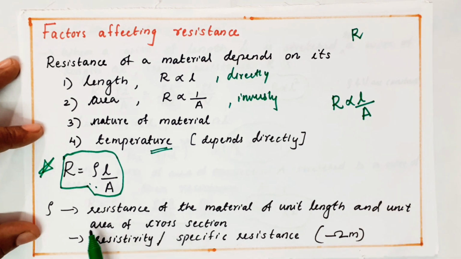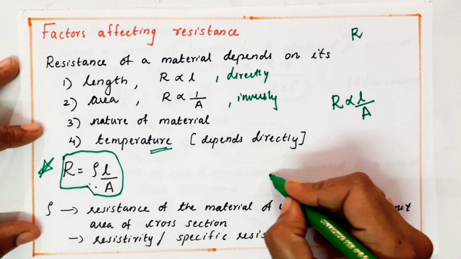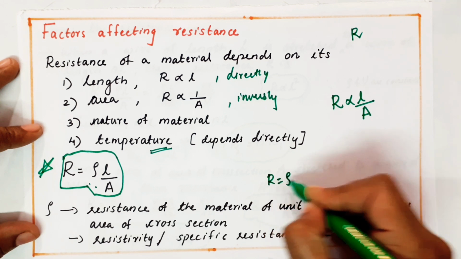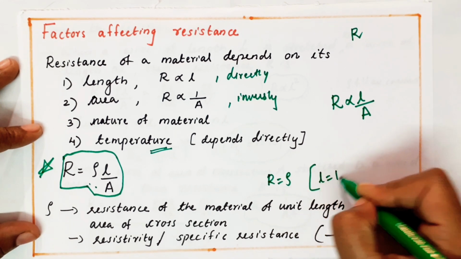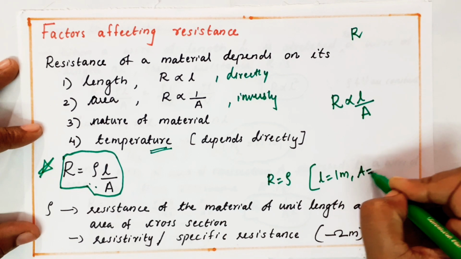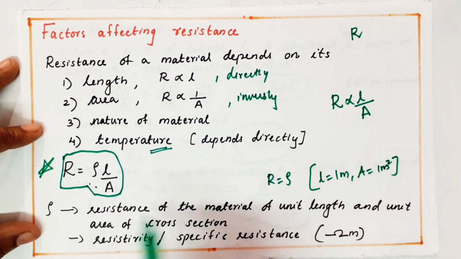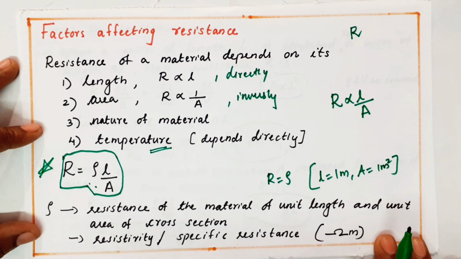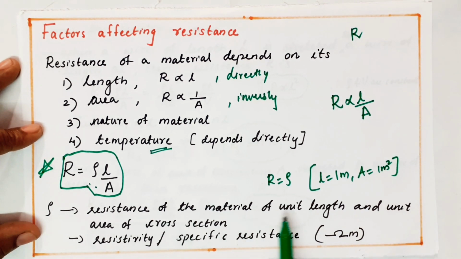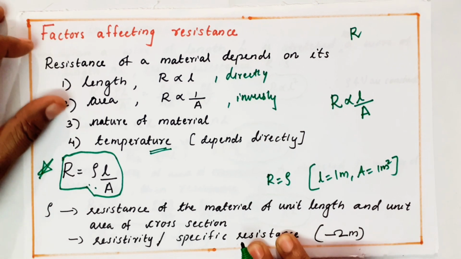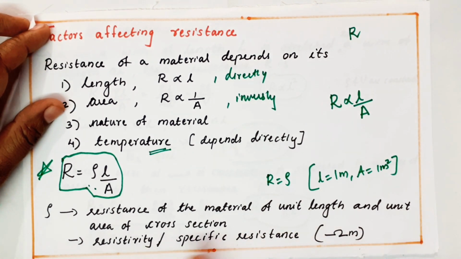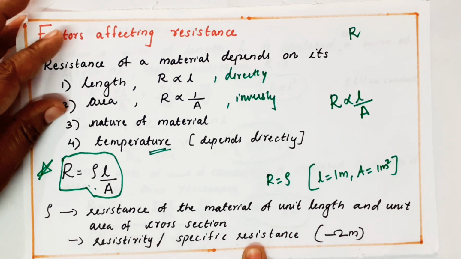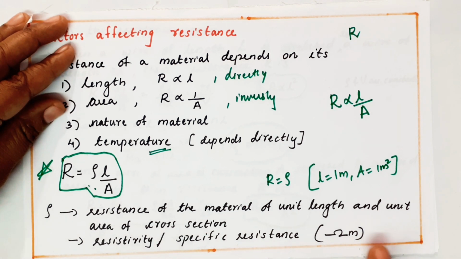So I have written here, rho is the resistance of a material of unit length and unit area of cross section. What is the meaning? I can write R is nothing but equal to rho, provided that L should be 1 meter and A should be 1 meter square. In this case, if you substitute, I'll get R equal to rho. So I can term the resistance of a material of unit length and unit area of cross section as resistivity or specific resistance, and its unit is ohm meter.